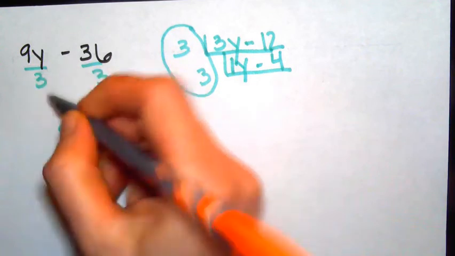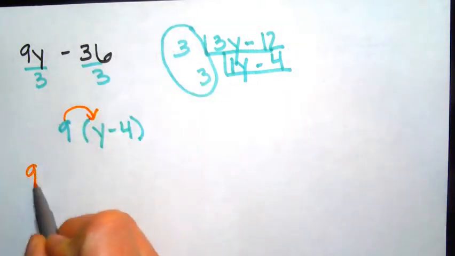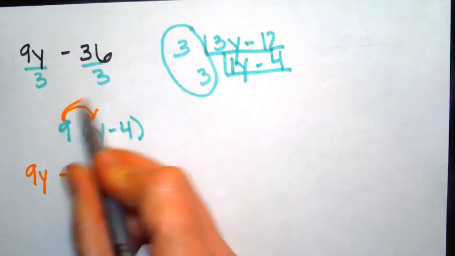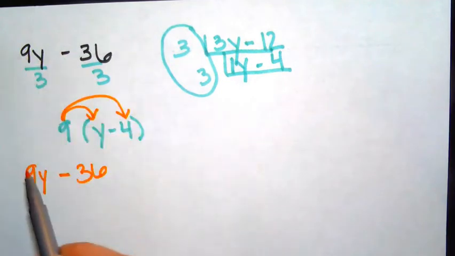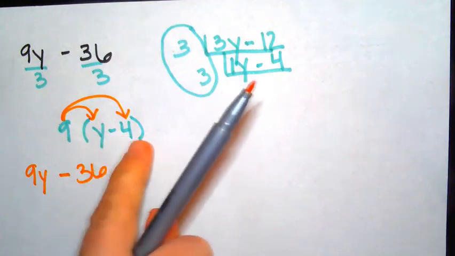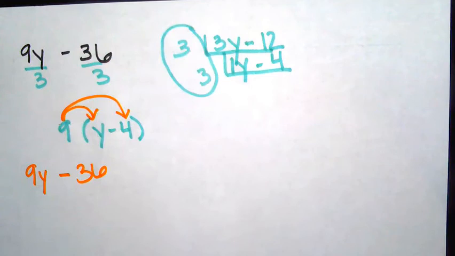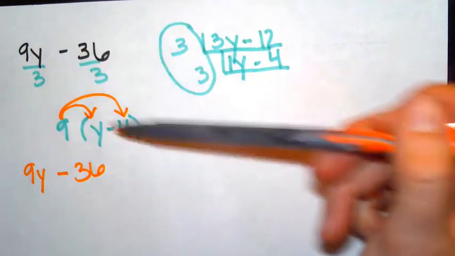Double check super quick. 9 times y, that's 9y. Drop down my minus. 9 times 4, 36. Matches. I got it into the factored form correctly. 2 equivalent expressions, just written in different forms, expanded and factored.